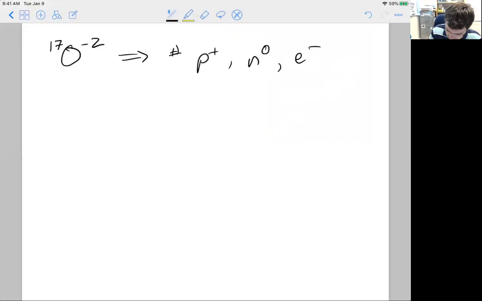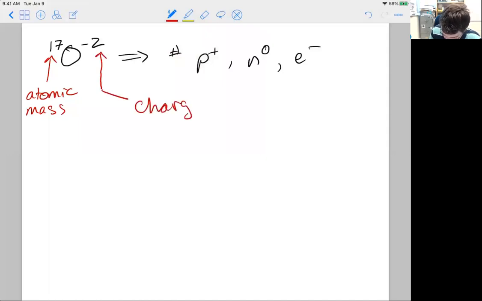I've also written this in the new format: 17, that's the atomic mass, and -2, that's the charge. In this case, we're looking at an anion because it has a negative charge. Negatively charged ions are anions.